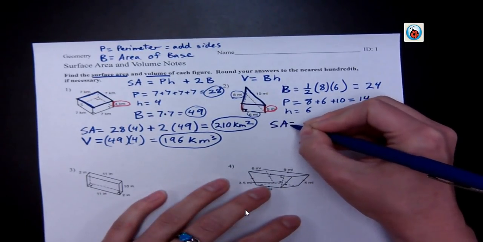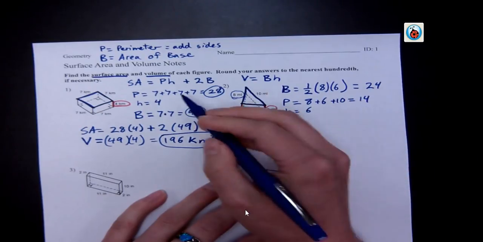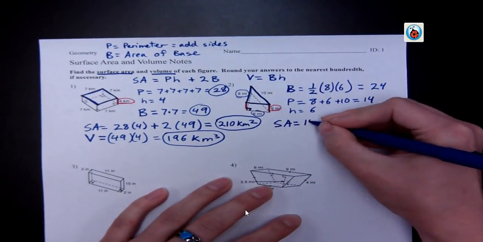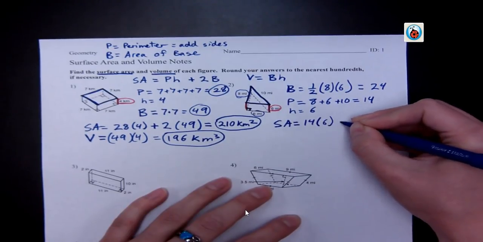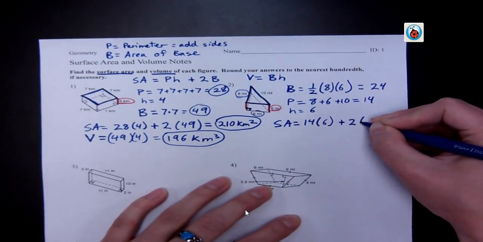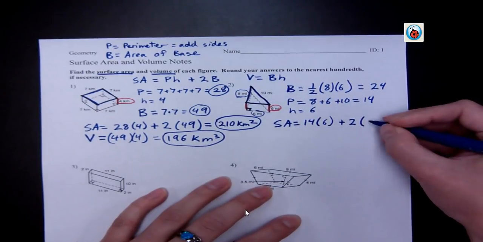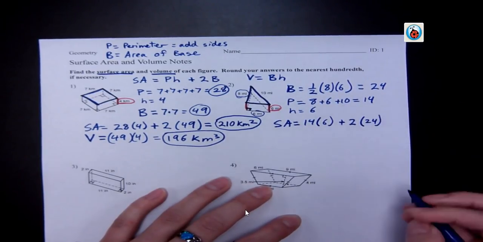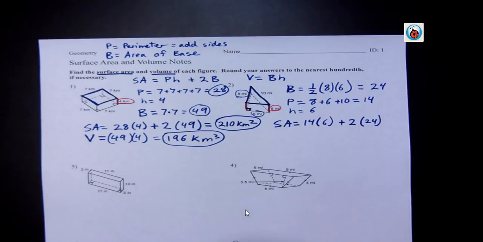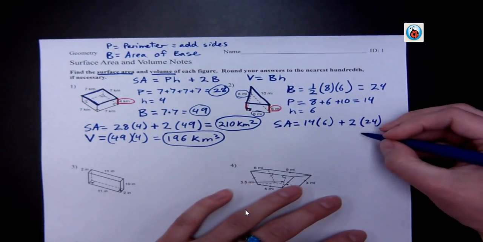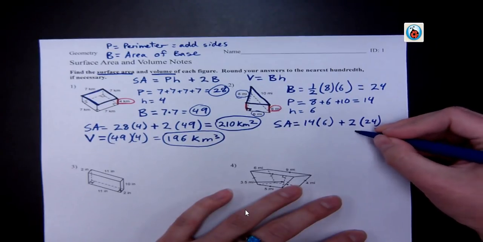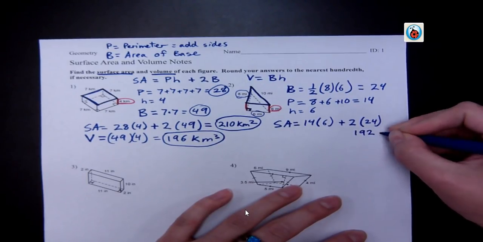Surface area equals perimeter, so my 24, times the height, which is 6, plus 2 times the area of the base, which is 24. I plug that into my calculator and I get 192, and this time we're dealing in miles, so it's miles squared.